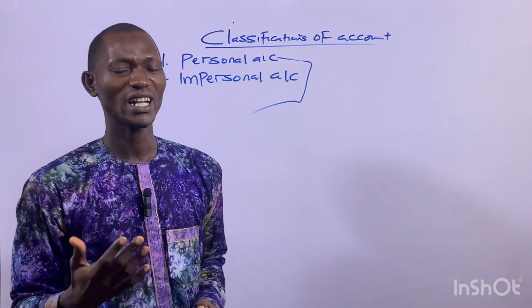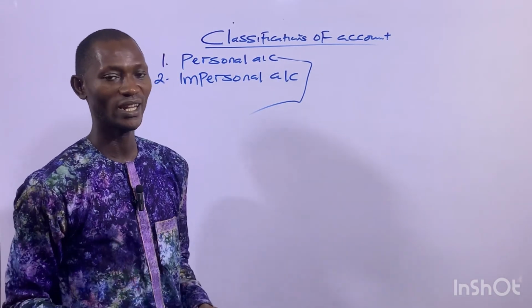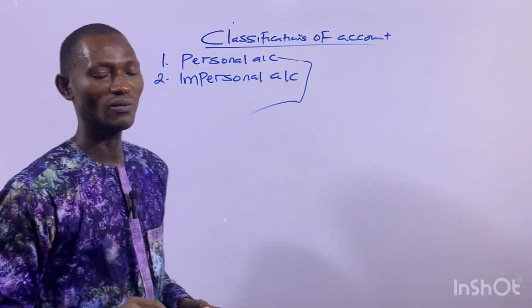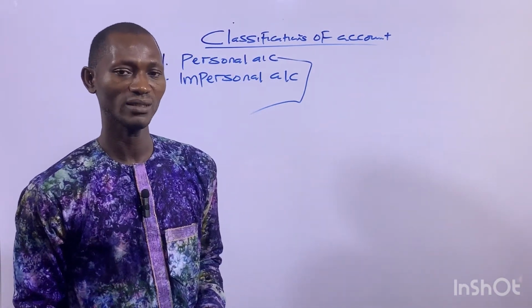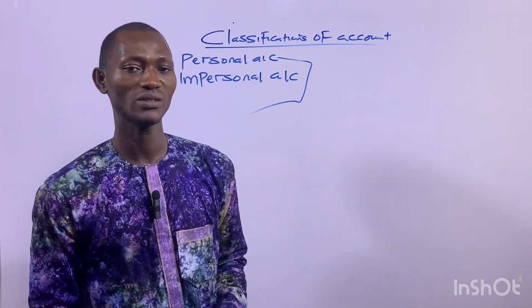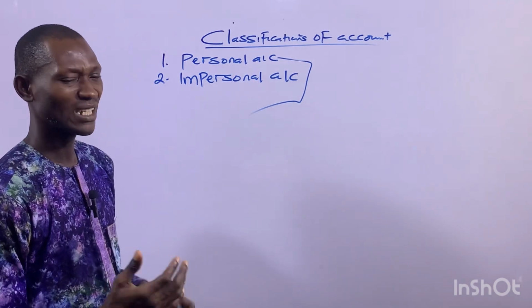Personal accounts are accounts that bear the name of an individual or a business organization. In other words, they are accounts of natural persons, that's individuals, or artificial persons, that's business organizations. You may want to ask, artificial person?